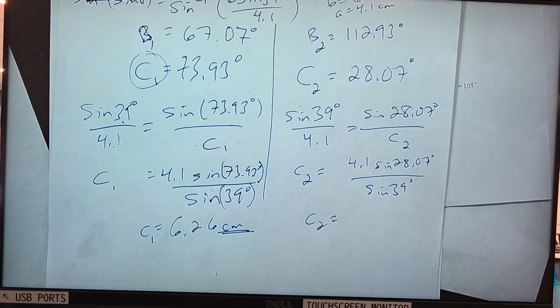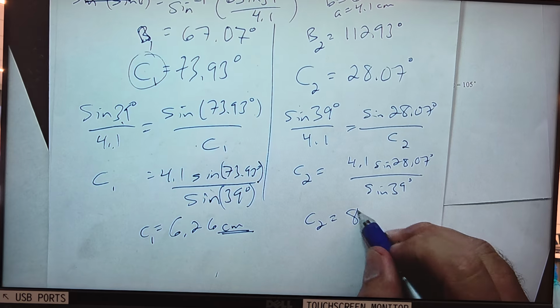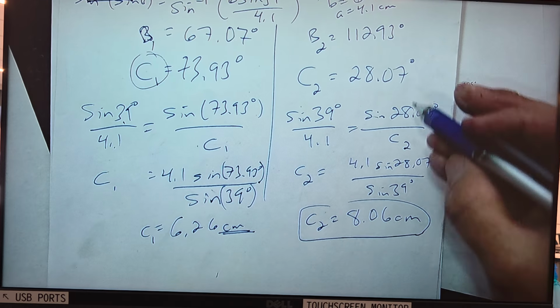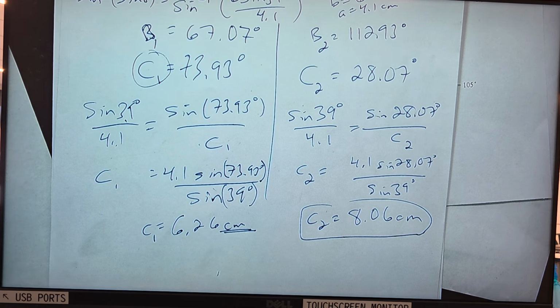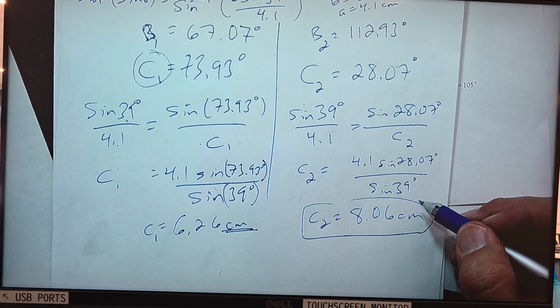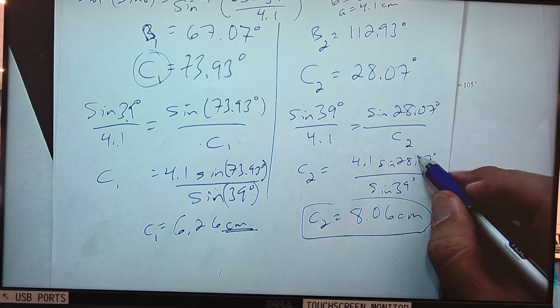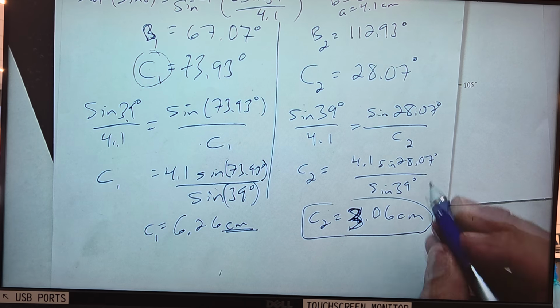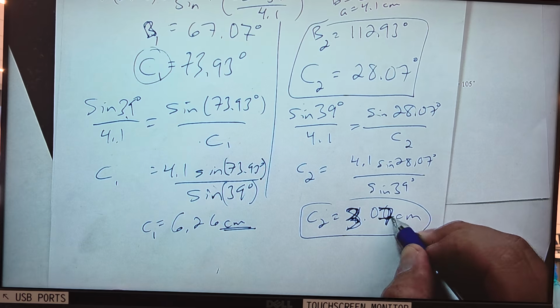What is it? 3.06. Oh, okay. I completely did this in my head wrong. I think I'm realizing what I did, I flipped a fraction over. So 3.06 centimeters, or 3.07? All right.